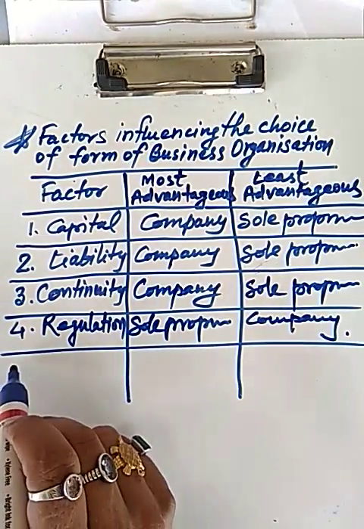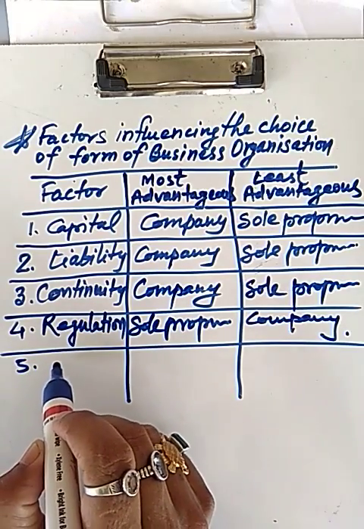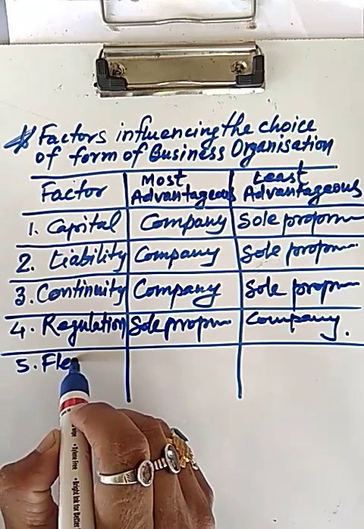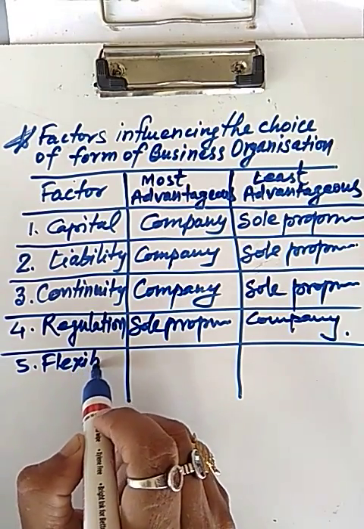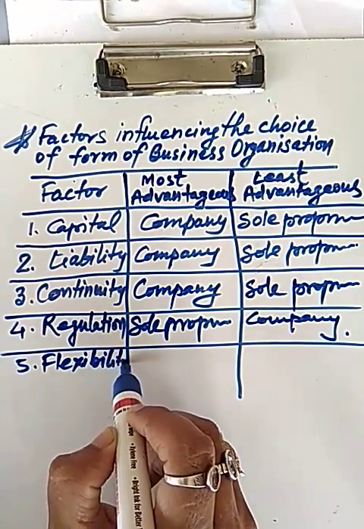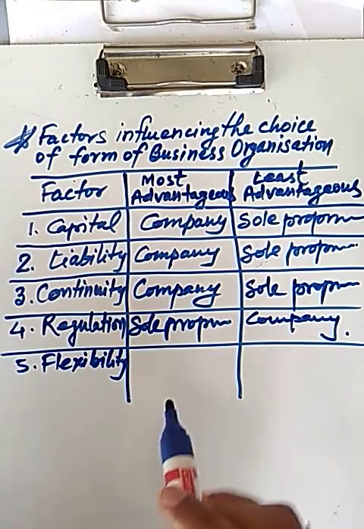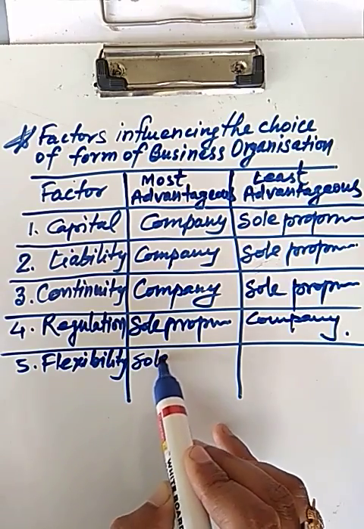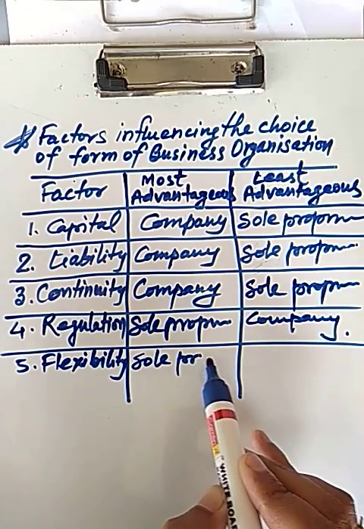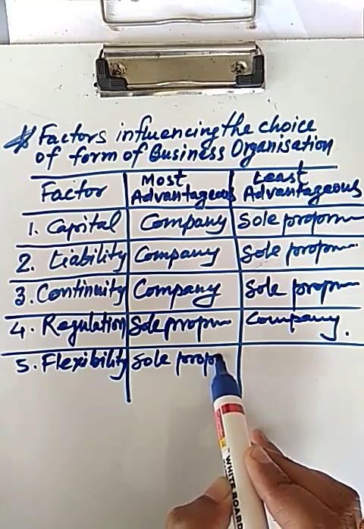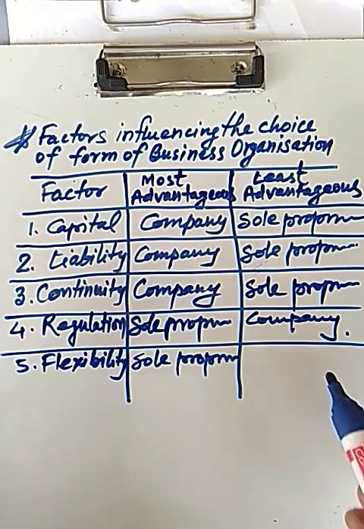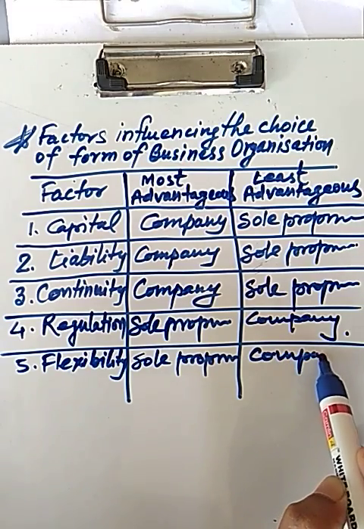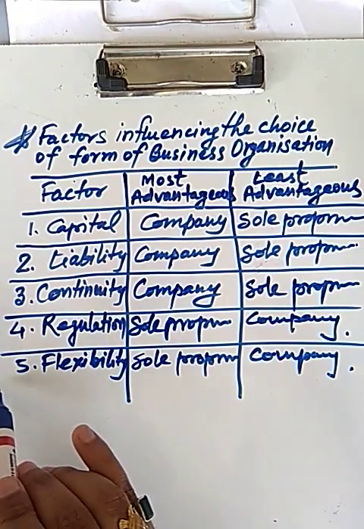Fifth point, flexibility. In case of flexibility, also sole proprietorship form will be most advantageous and company form will be less advantageous.